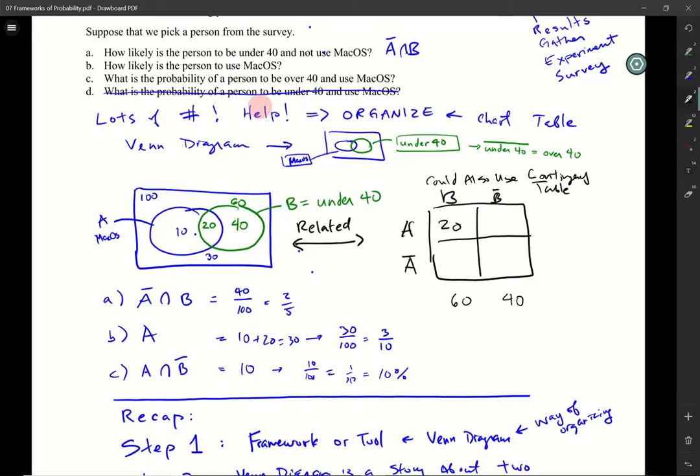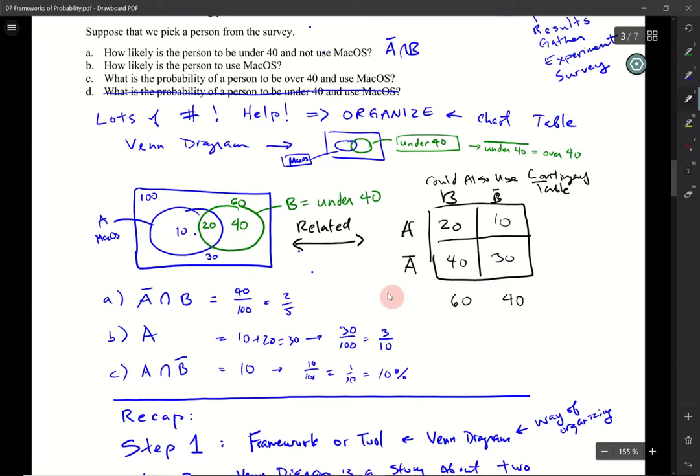And then we know that B is this way, so B would be 40 over here. And then we got A and not B would be 10, and then 30. What would be this outside one would be this 30.